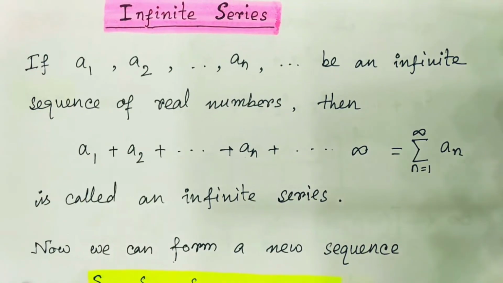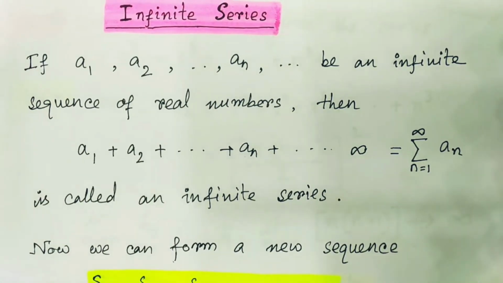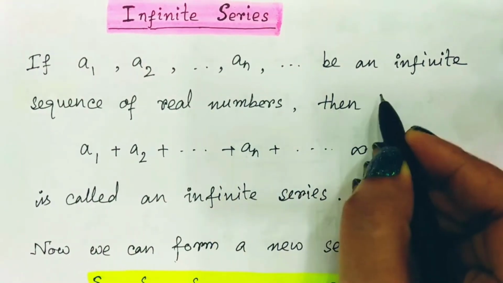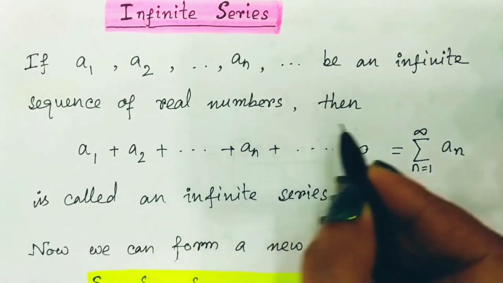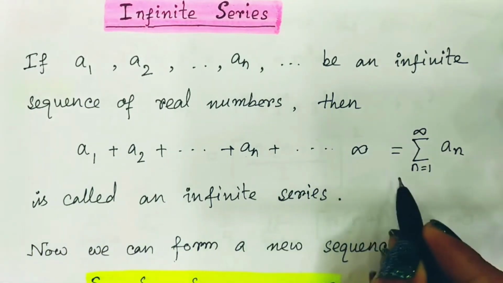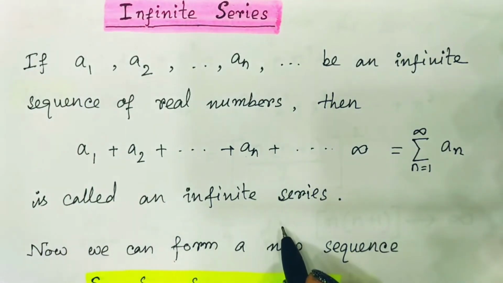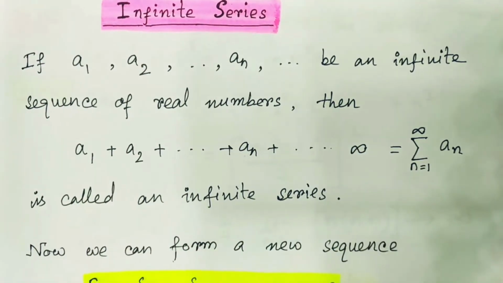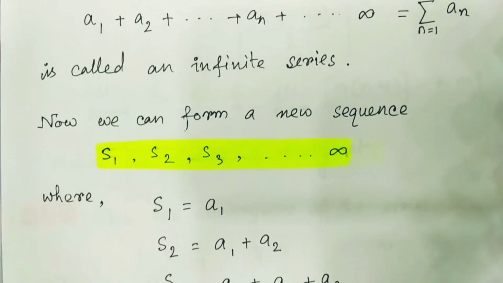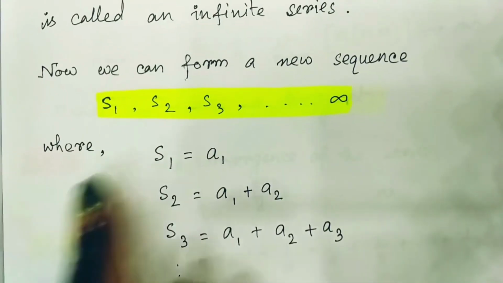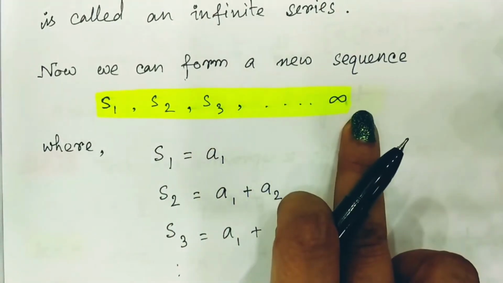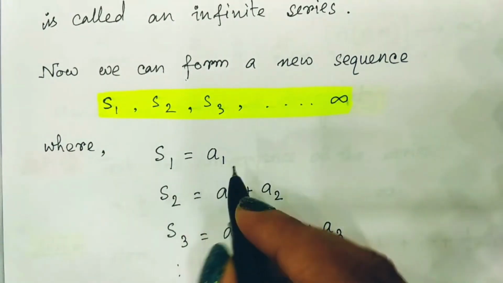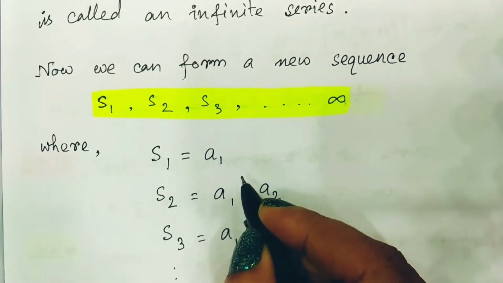So first of all, we should know what an infinite series is. If a1, a2, ..., an is an infinite sequence of real numbers, then this summation is called the infinite series. Now we can form a new sequence by using this infinite series. Suppose that new sequence is S1, S2, S3, where S1 equals a1, which is just the first term of the given series.